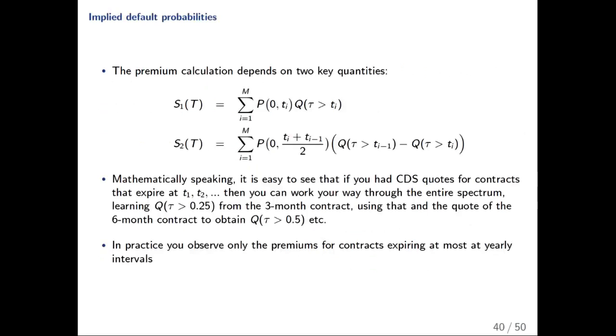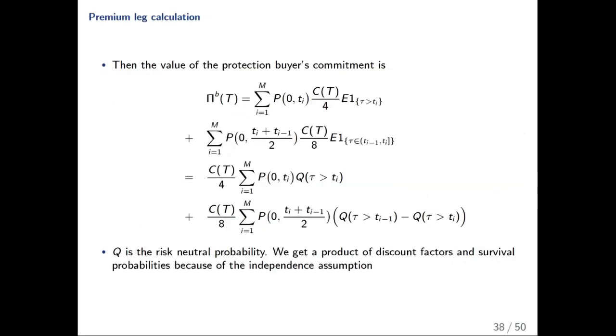The two key quantities are the following. If you take a look at this formula, the Qs are recursive, in the sense that the very first payment is discounted by the very first element of this sum, which depends on two quantities.